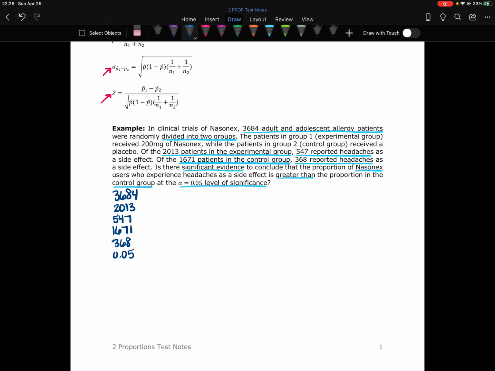So 3684 is the total number of people that were in the study. So that would be my sample size, my total sample size N. 2013 were the number of patients in my experimental group, which was group 1. So I'm going to call that N1. It's the number of people in group 1.